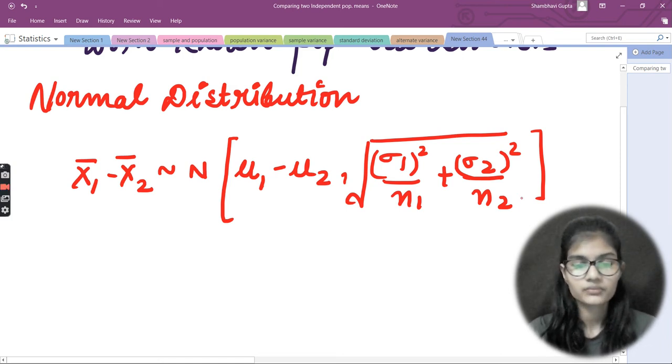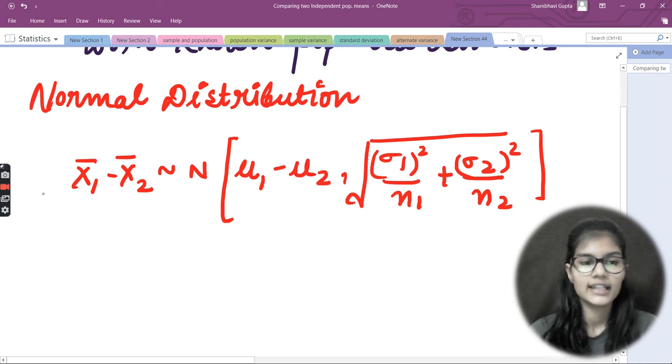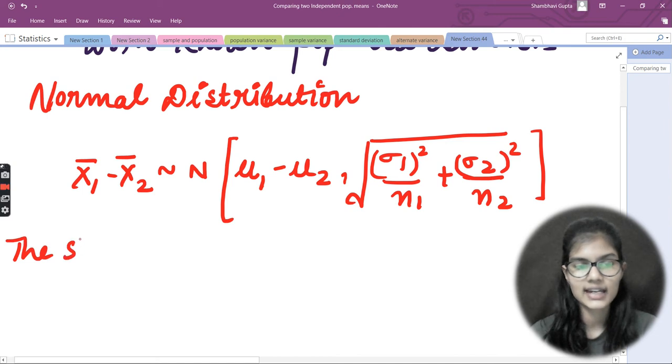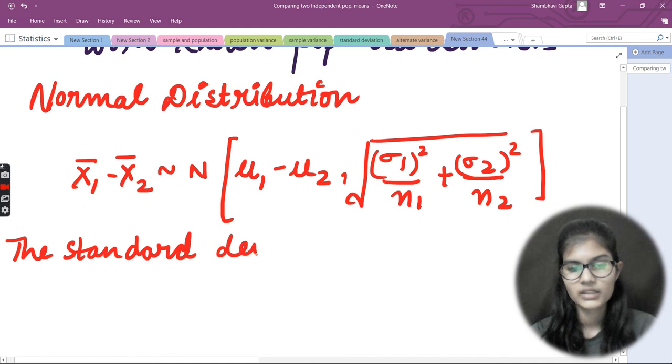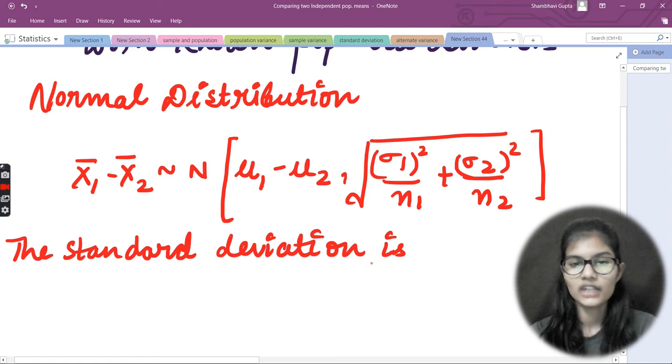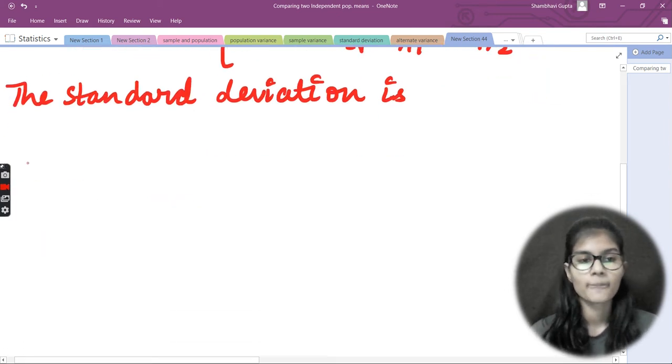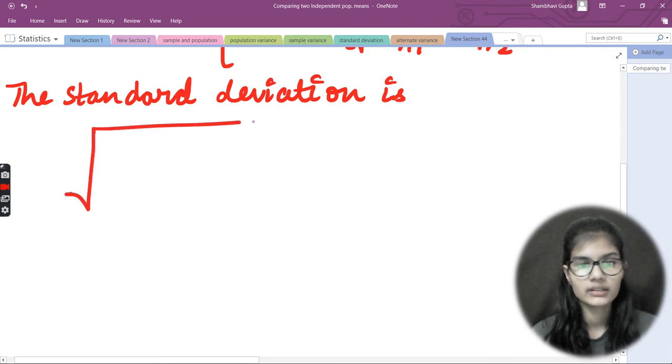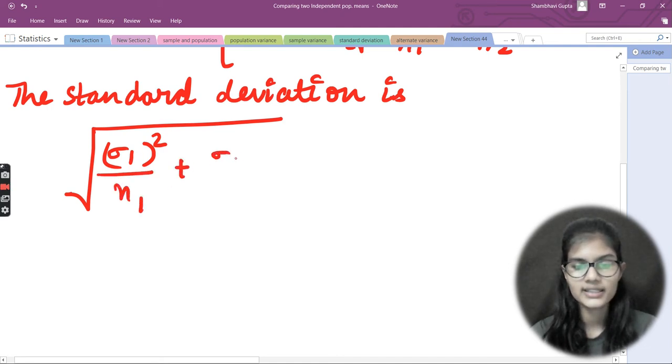Now, what is the standard deviation? This was a normal distribution, right? Into this I would write the standard deviation is, and now we'll discuss what the standard deviation is. That is the square root of sigma 1 squared upon n1 plus sigma 2 squared upon n2.